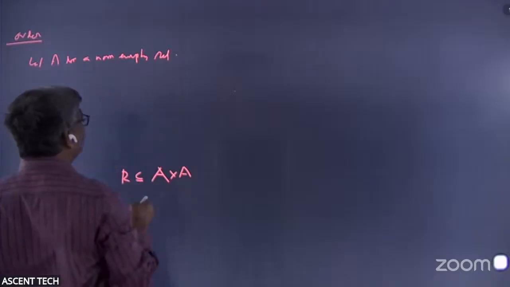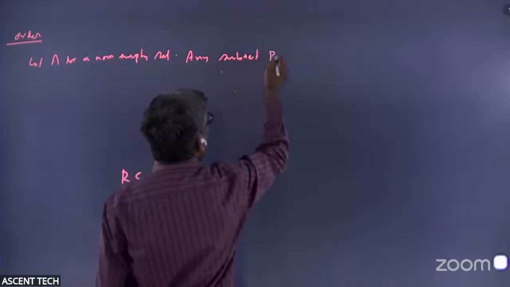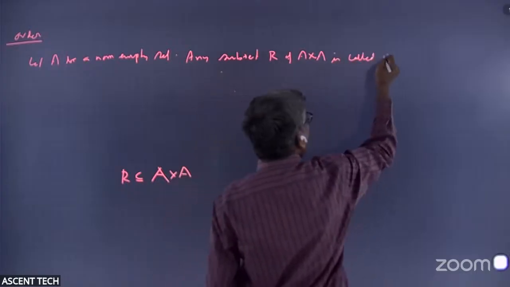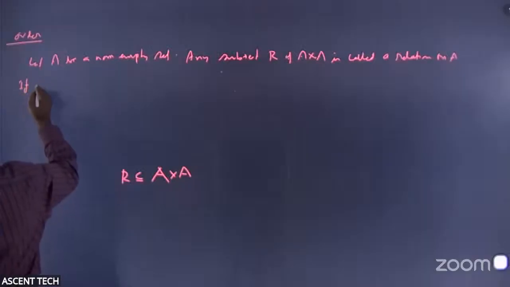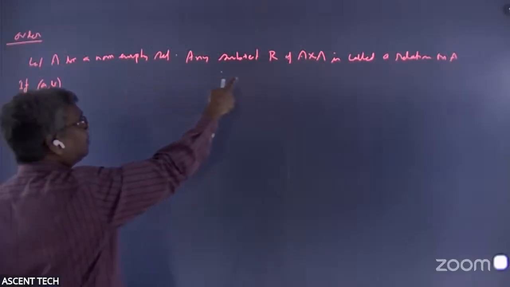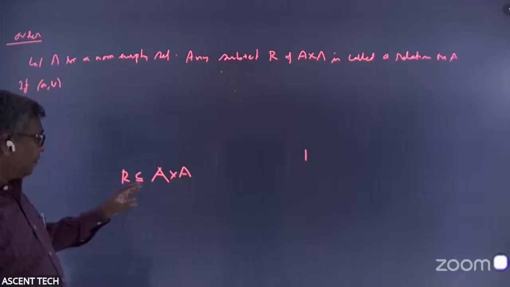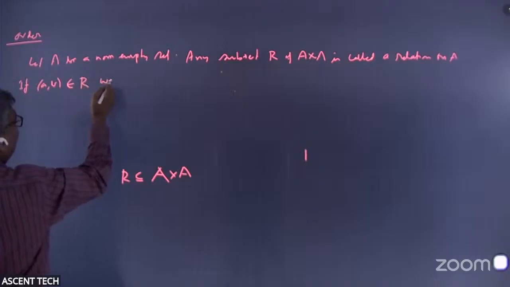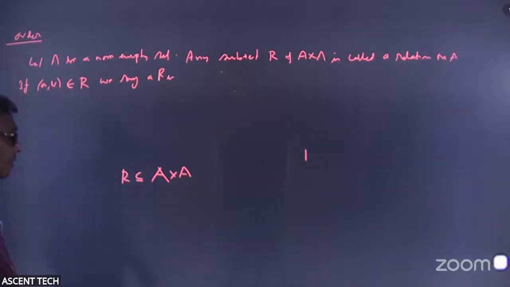Any subset R of A cross A is called a relation on A. R consists of ordered pairs. So if an ordered pair (a, b) belongs to R, we say a is R-related to b. It's like less than or equal to.